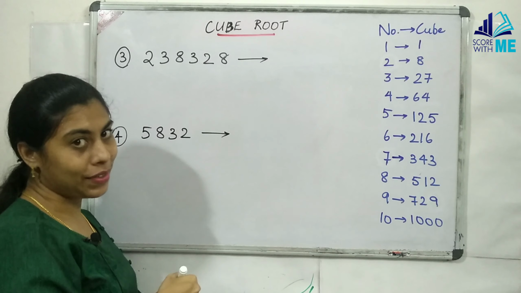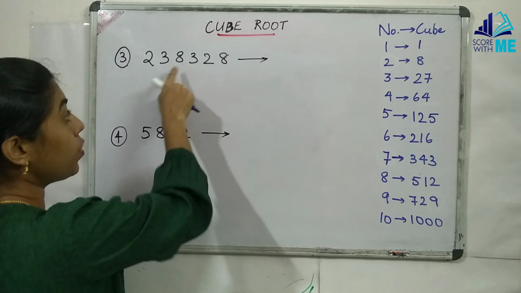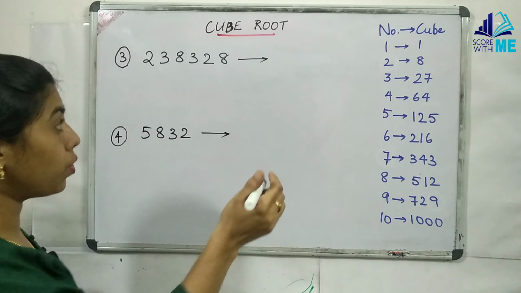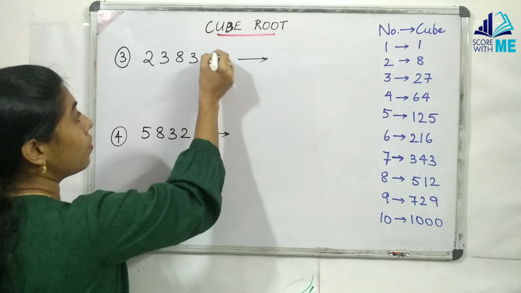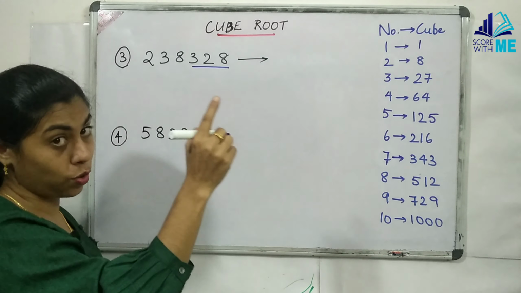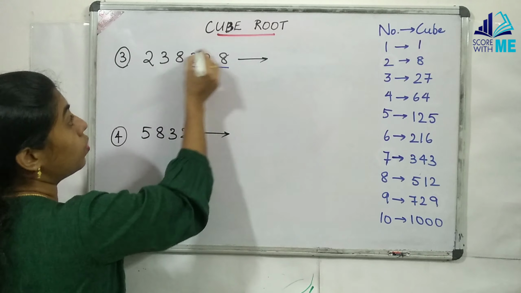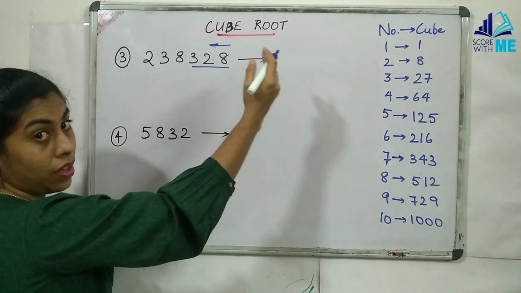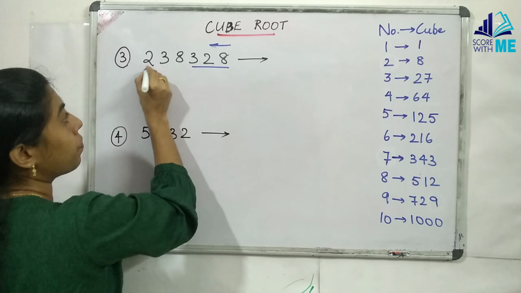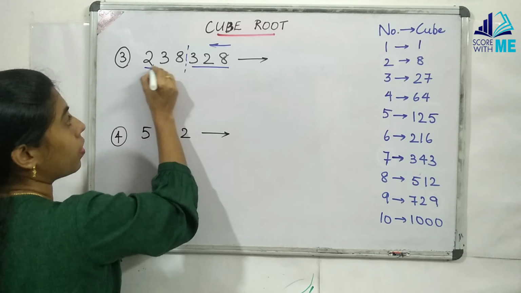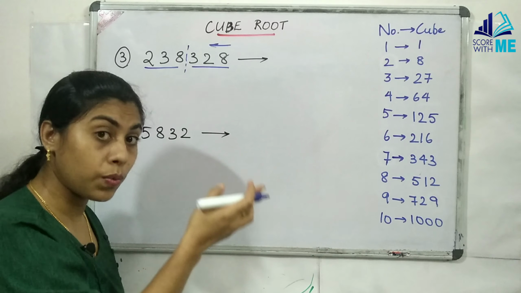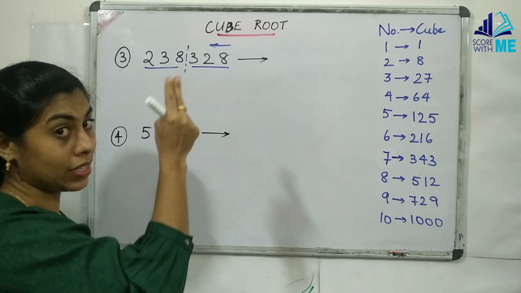Next, let us take another example, and here we have 238328. As we told in the previous part, we are going to divide it as 3 numbers cube root. So we are dividing as our grouping as 3. So 3 starting from right towards left. And 6-digit number also will give us 2-digit number as its cube root.